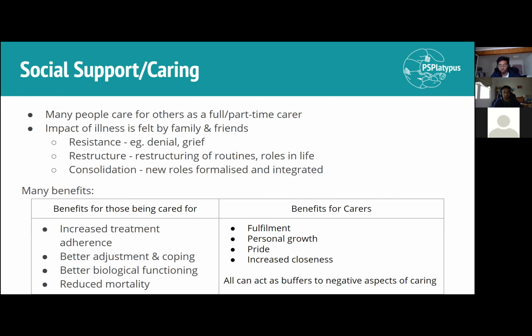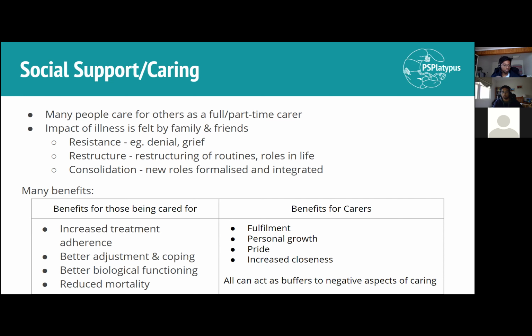All right, so we're going to talk about social support, which is the final point, for a bit. A lot of people care for others as full-time or part-time carers. And there are a lot of benefits and downsides of being a carer. But before we get to that, on the impact of illness, you can think of it as another three-stage process for how your interpersonal relationships alter and shift due to you being sick.